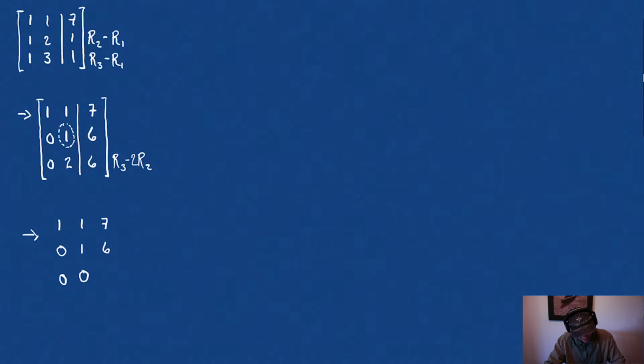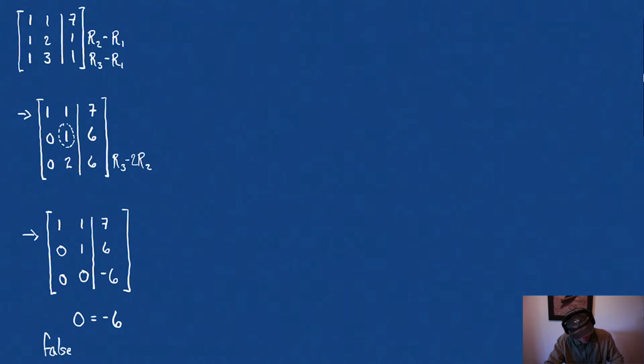Then we have 1 minus 7 minus 2 times 6, that's minus 6 minus 12... which gives the entry minus 6. And there it is. There's the problem. This says very simply that 0 is equal to minus 6, but we know that this is a false statement.